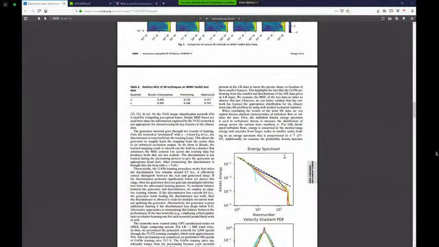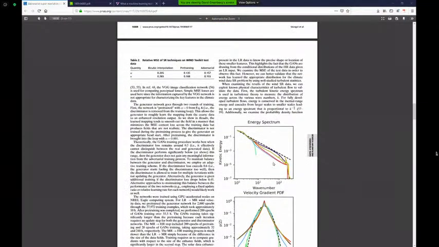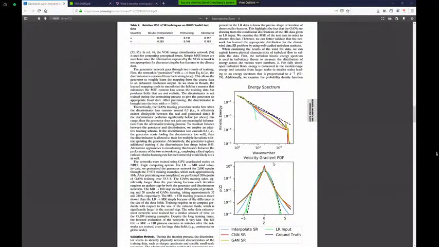So one thing they look at is this energy spectrum. If you look at the kinetic energy at different frequencies, spatial frequencies or different wave numbers, you get this spectrum, which was not something the network was specifically trained on.